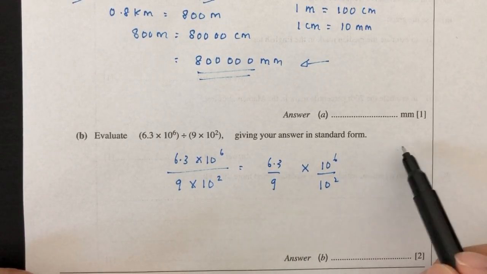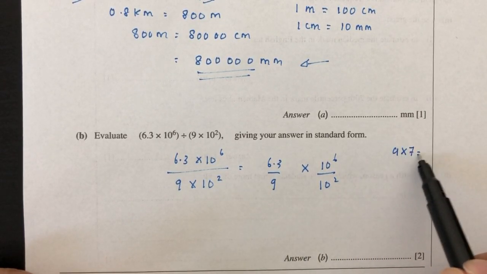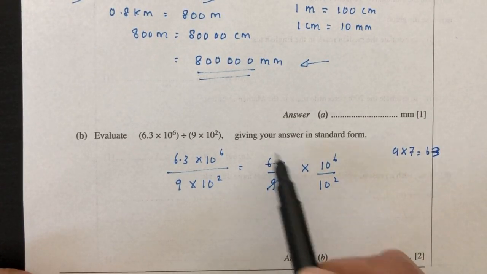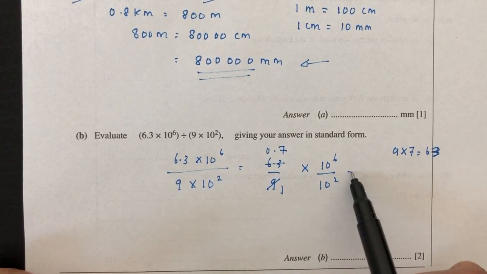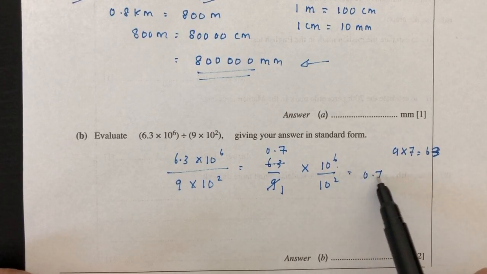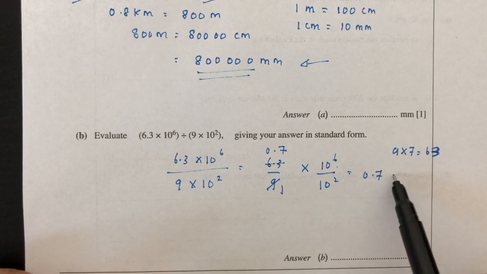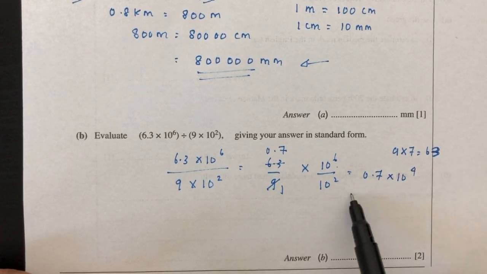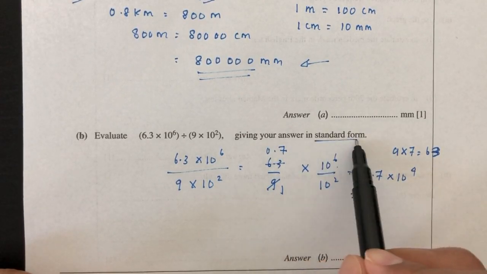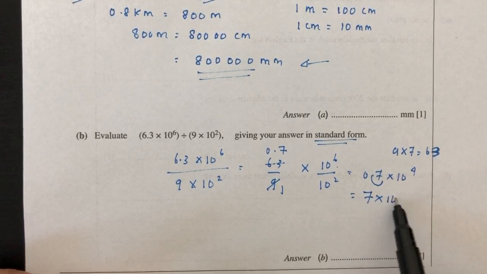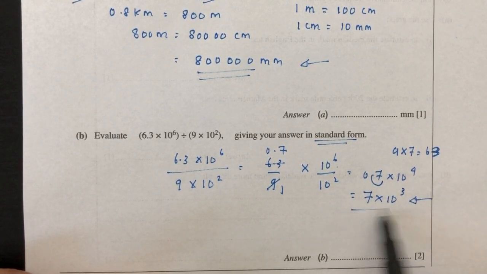As you know, 9 times 7 is 63, so 6.3 divided by 9 will be 0.7. And if you divide the indices, it will be 6 minus 2, which is power 4. Now your answer needs to be in standard form, so we have to move 1 decimal place. That will be 7 times 10 power 3. This will be your answer for part B.